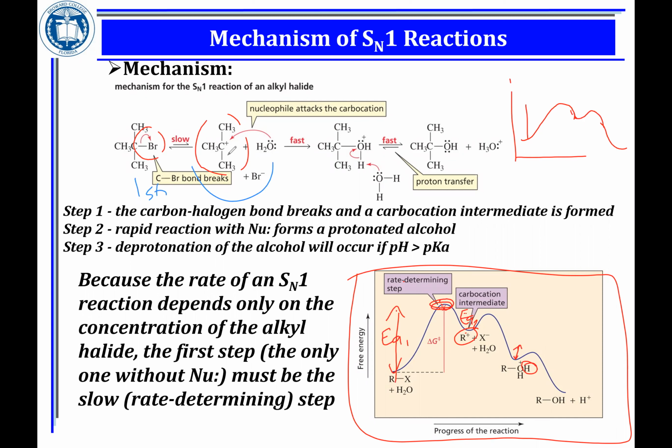In the second step, the nucleophile comes in and forms a bond with carbon. Water acts as a nucleophile because it has two pairs of unshared electrons and is willing to share a pair of electrons with the carbocation. And you notice that here water is a neutral compound and the carbocation has a plus charge.